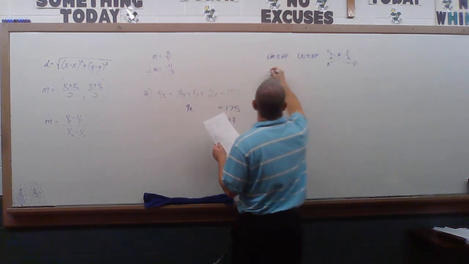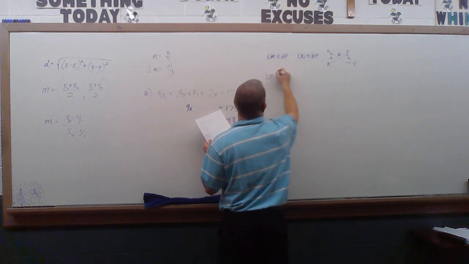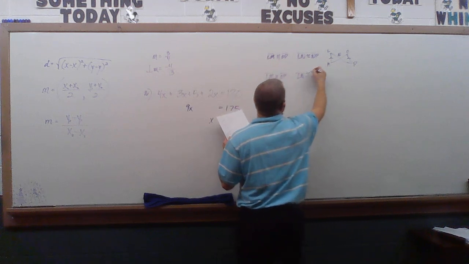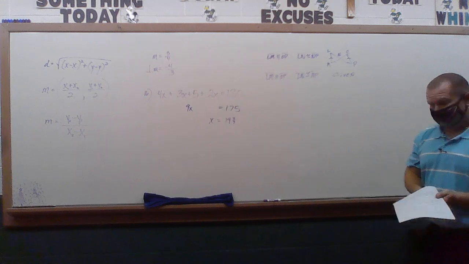Right? So again, this right here, LM is parallel to OP. LN is congruent to NP given. That's what we're going to start with every single time.